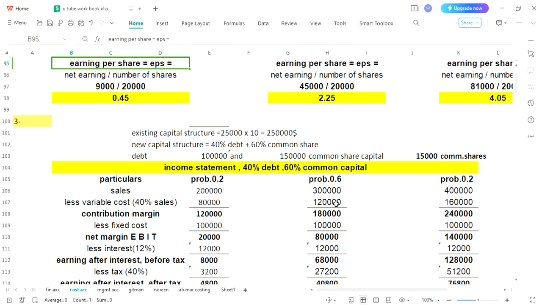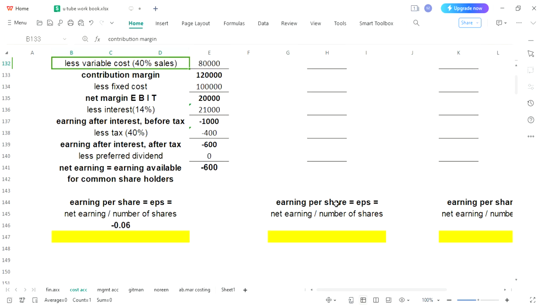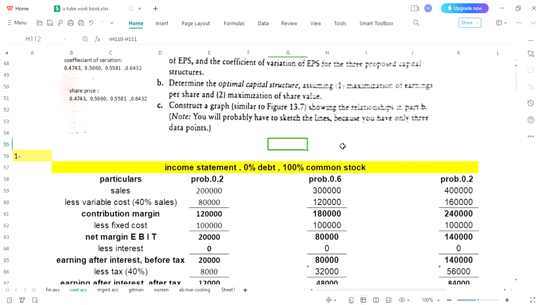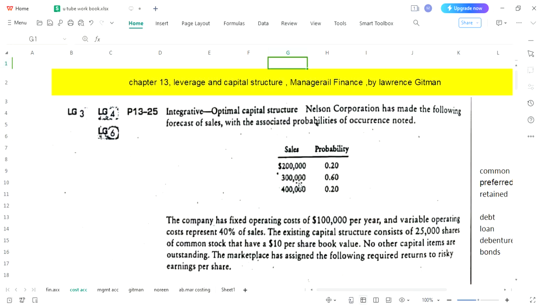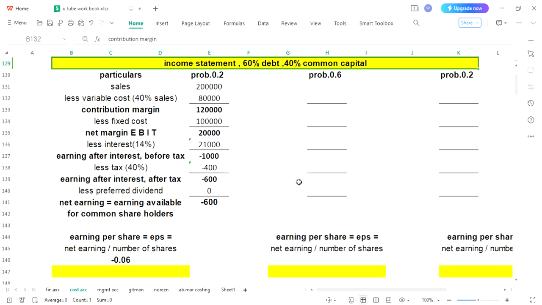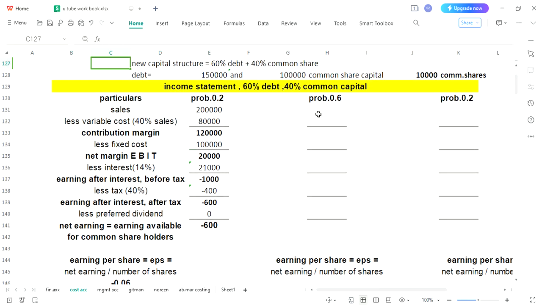Over here we are going to calculate our 60%, where, as you know, for 60% probability we have 3 lakh sale. So here you will be writing 3 lakh as your sale, after which variable cost needs to be calculated, which is 40% of sales.